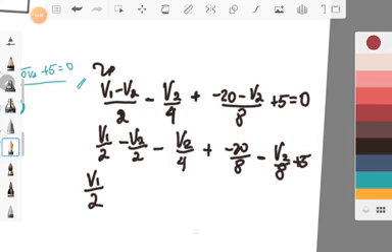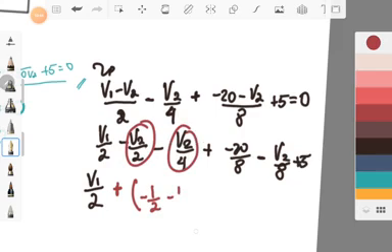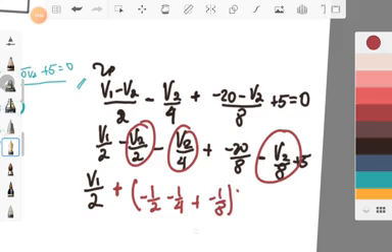Next is our V2. So we have negative 1/2 plus negative 1/4 plus our negative 1/8 multiplied by our V2, plus 5 minus 20 over 8.